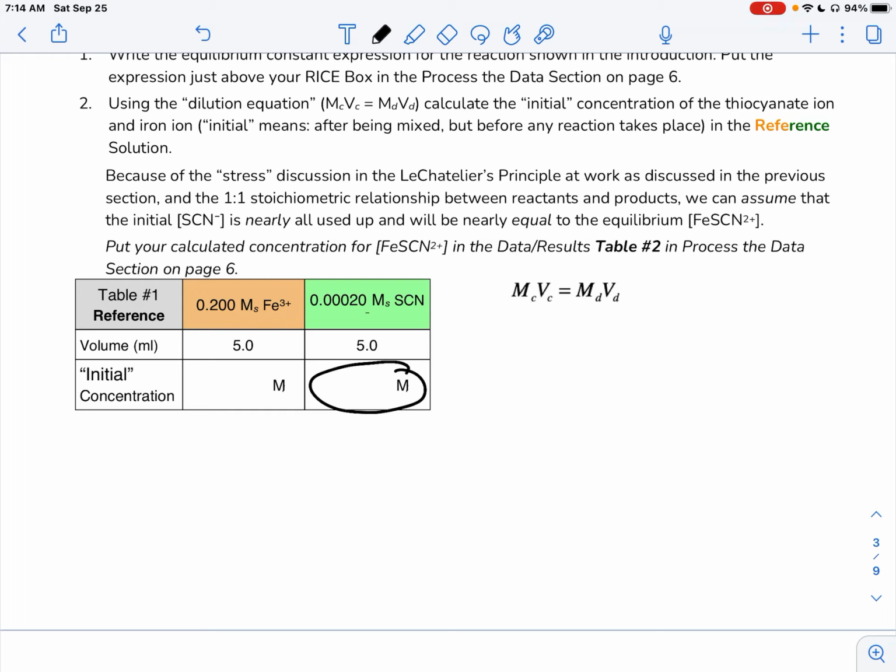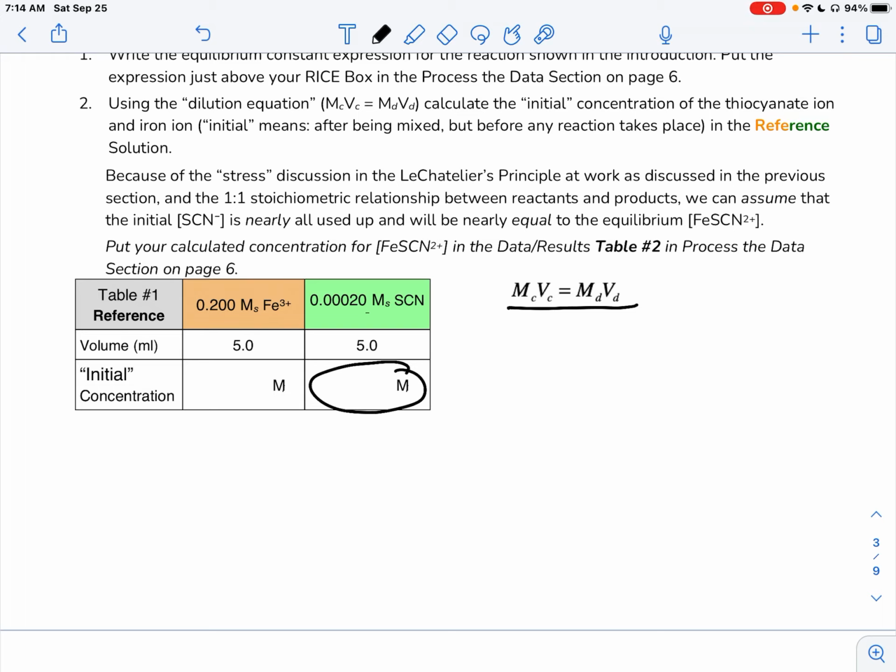So for this dilution equation, you'll see that we use little c's and little d's here, mostly because A and B are already in Beer's law. So it's just not to get you confused. You can do any little subscript numbers there. So we're going to do that 2 times.